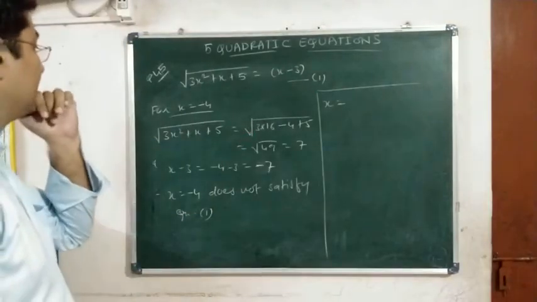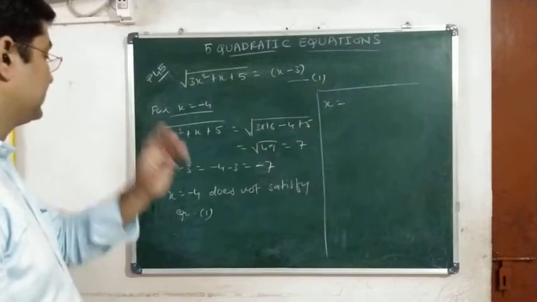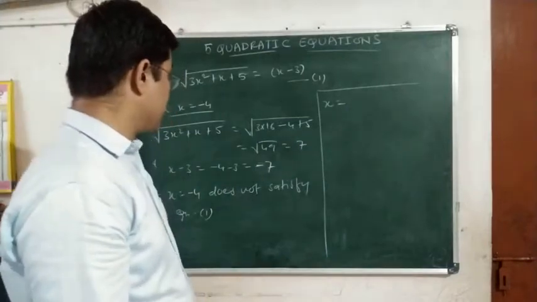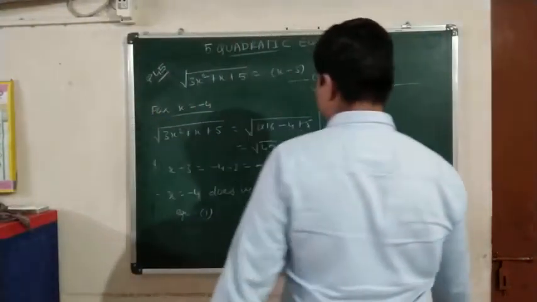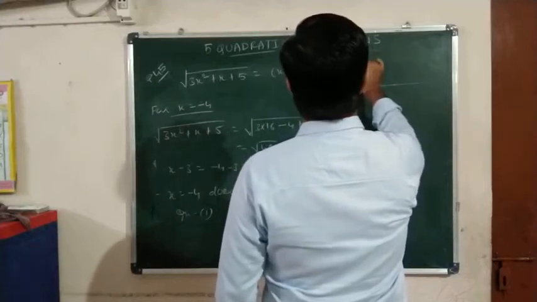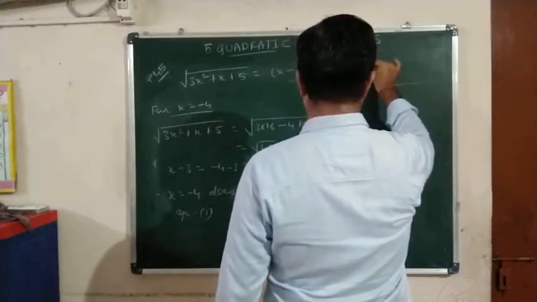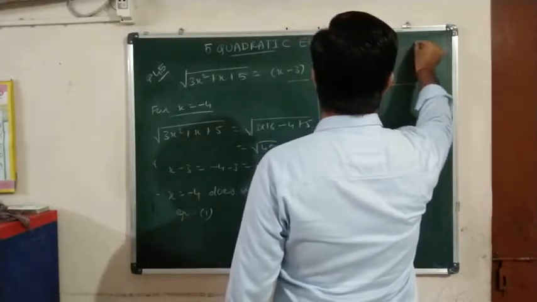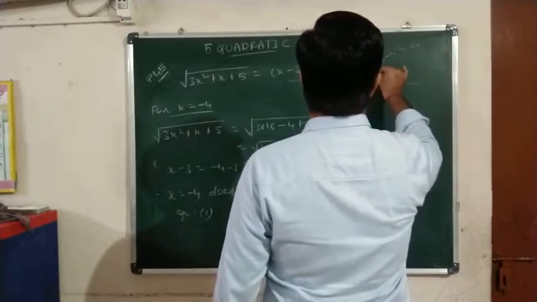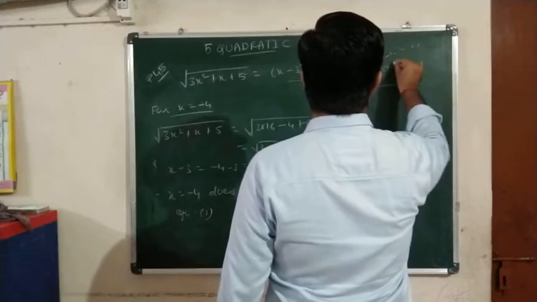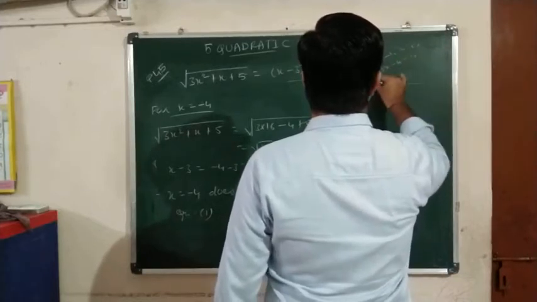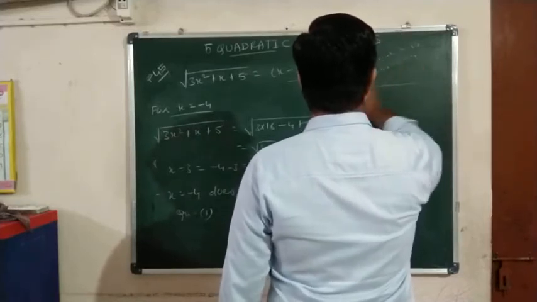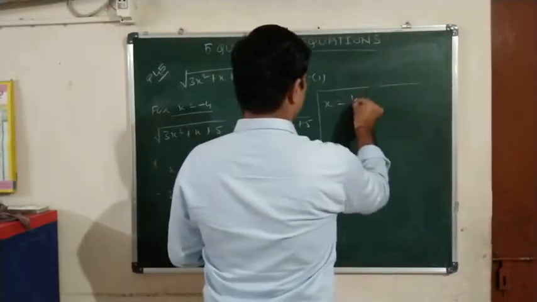I have removed it. The other value was 1 by 2. So x is equal to 1 by 2.